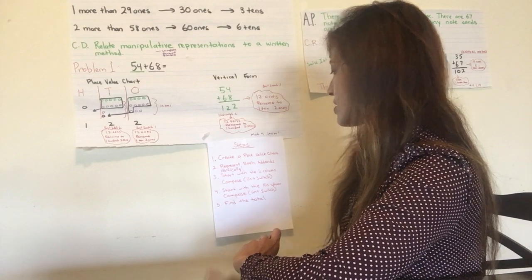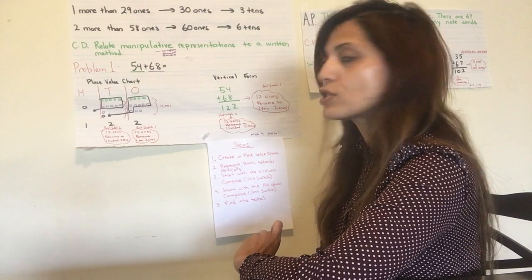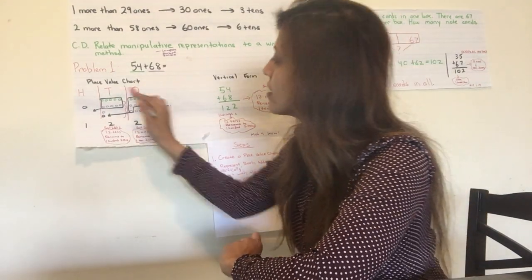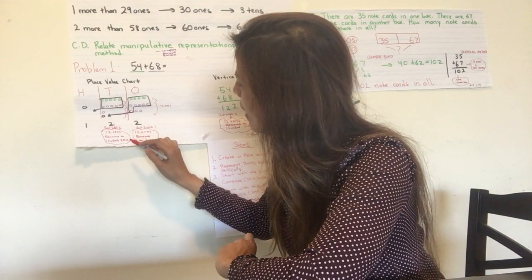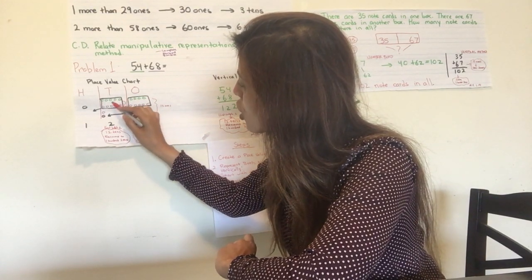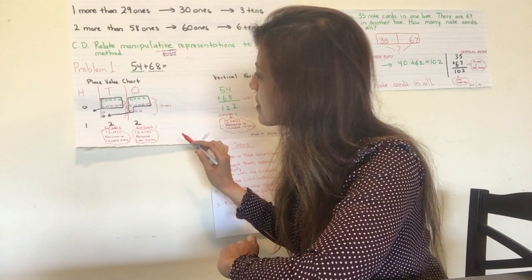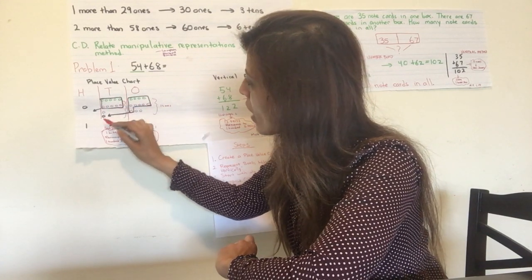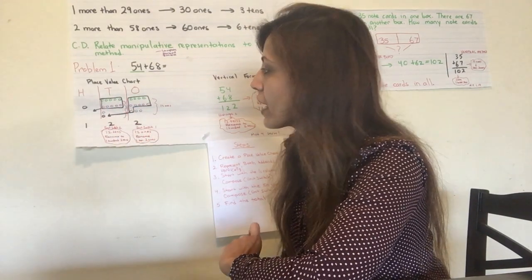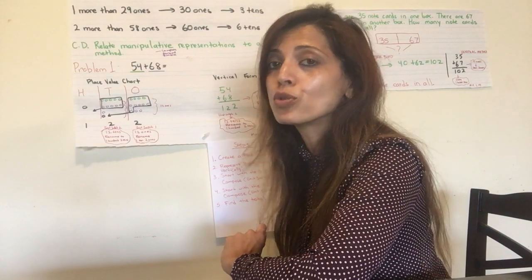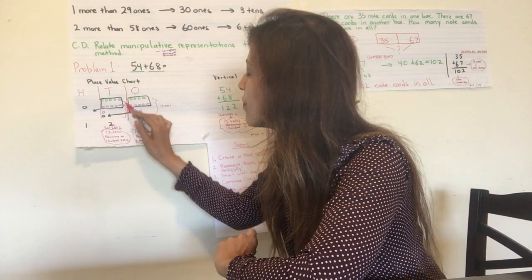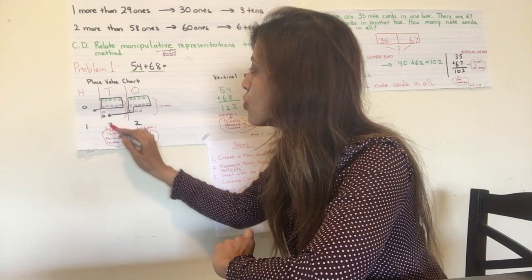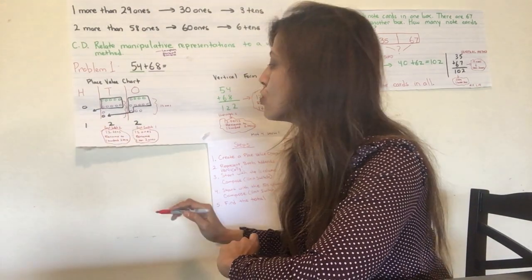Then it says to start with the tens column and compose a unit switch if necessary. So let's look at the tens column. Now I have 12 tens. Do you see that? 12 tens. Can I conduct a unit switch? Absolutely. So I'm going to turn that 12 tens and rename it to 1 hundred and 2 tens.